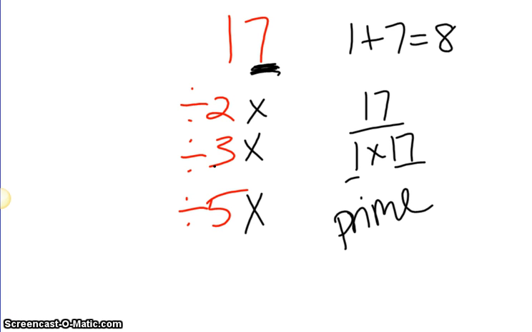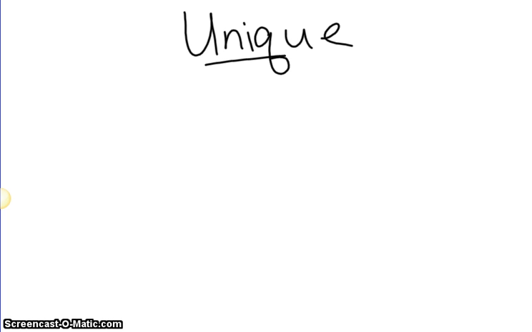Now, we talked about prime. We talked about composite. There's one more kind of number, and that is a unique number. And there is only one unique number, and surprisingly enough, it's the number 1. Now, why is the number 1 unique? Because let's list the factors of number 1. Well, it's 1 times 1. Is there any other factors for 1?